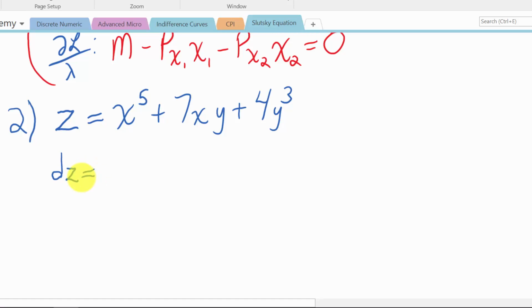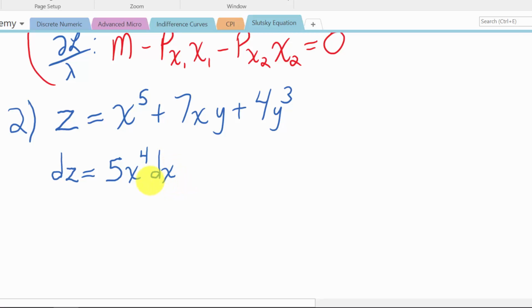The change in z, how z responds, can be written this way. Now what we want to do is go through and first take the derivative of everything here with respect to x. So here's an x to the 5th. The derivative of that is 5x to the 4th, and that's the rate at which z changes when x changes. Remember these d's mean change, so in order to see how a change in x changes z, we append a little dx there.